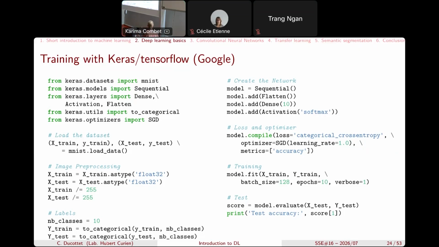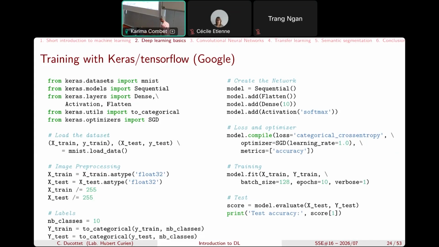Okay, we have a model, we design a model, and in the model we choose a loss, which is here a categorical cross entropy, an optimizer, and this optimizer will be a stochastic gradient descent with a learning rate, which is fixed here to 1, and we will have a metric in the end to measure the accuracy of our classifier, which will be here the accuracy metric.